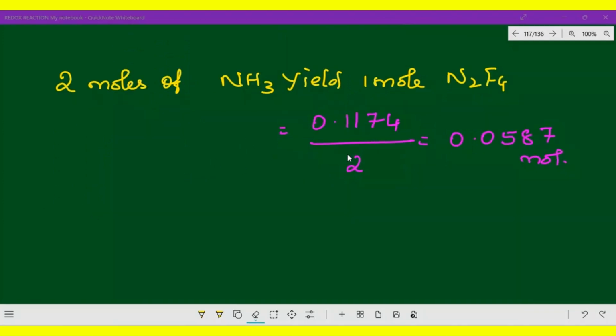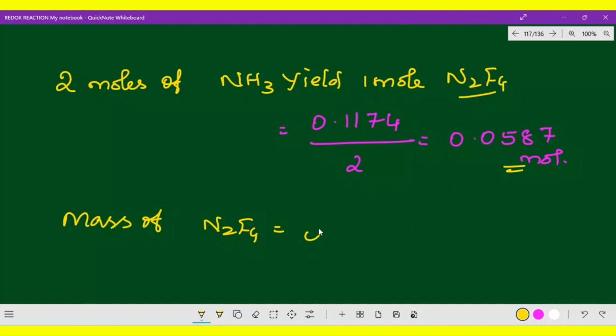How do we identify it? We can identify the mass of N2F4, and through that we can identify the percent yield. So the mass of N2F4 is moles into molar mass. How many moles are we getting here? 0.0587 into the molar mass we already found, 104.02 gram per mole.